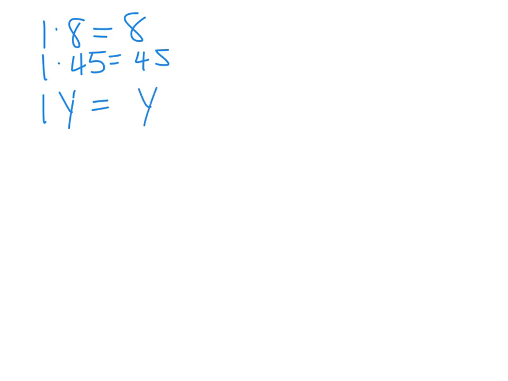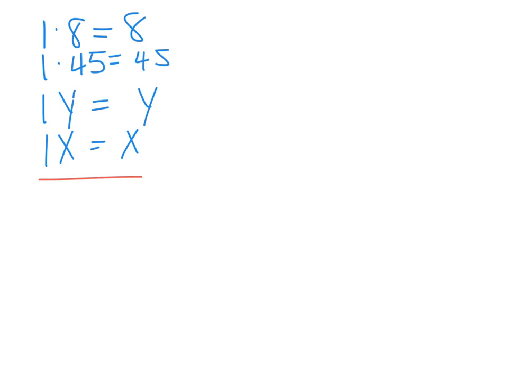So in algebra, we know that if we take 1 and multiply it by a number, and my dot is my times sign, 1 times 8 is equal to 8. 1 times 45 is equal to 45, okay? 1y is equal to y. 1x is equal to x. So when we multiply a value by 1, we don't change the value at all. That is the first thing that we want to remember that comes from algebra.